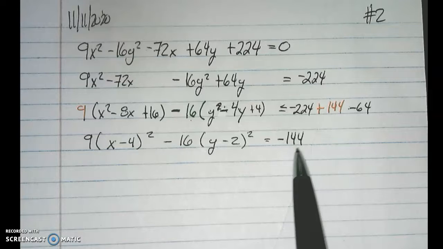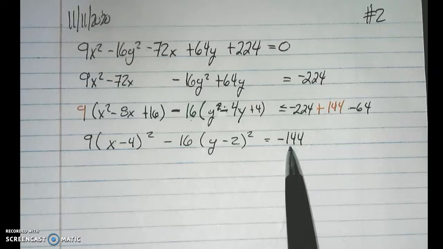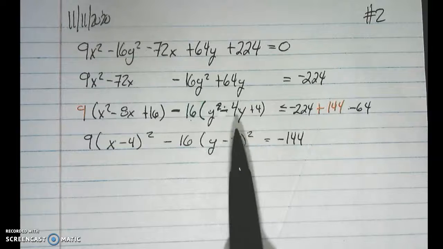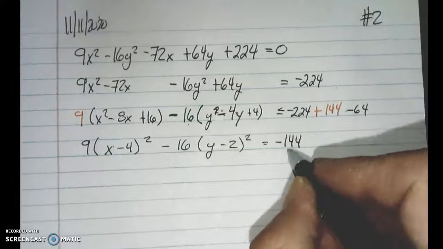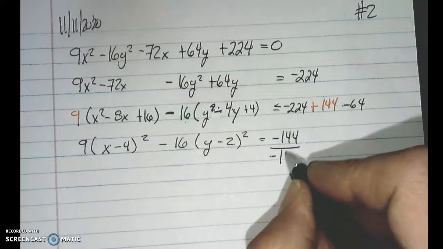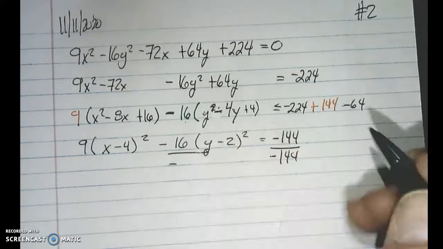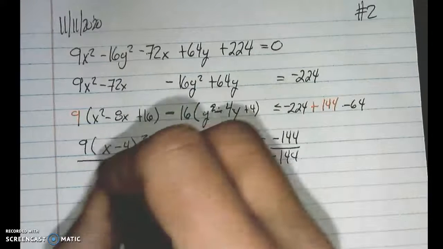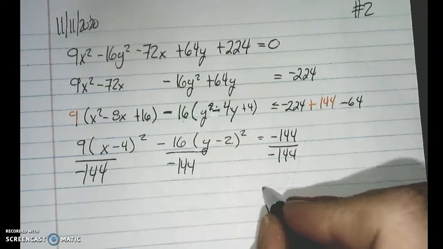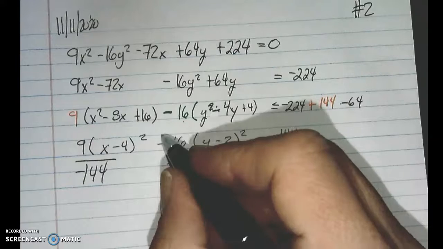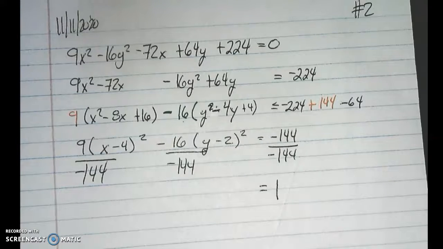This negative 144 is not going to be a big deal because with the hyperbolas, it's okay if we have the difference. Remember, our middle term is going to be a difference. So when I divide everything by negative 144, this becomes 1. This negative negative becomes a positive. This becomes 1/9.